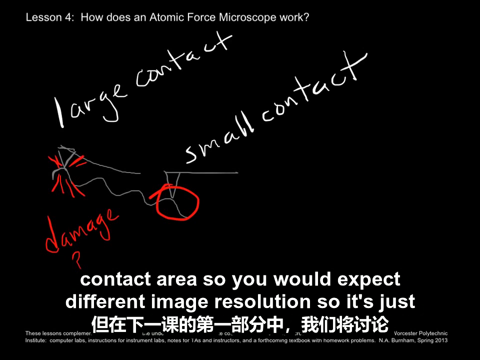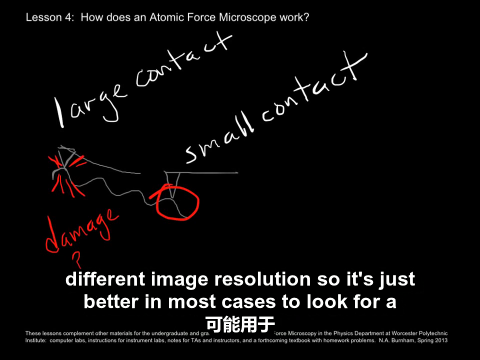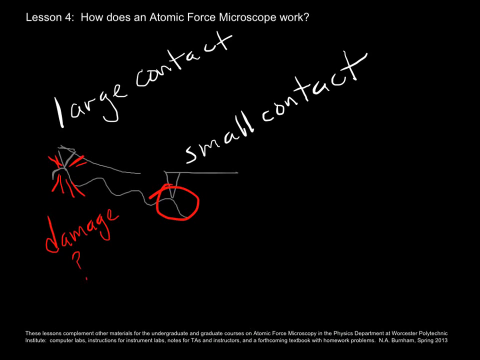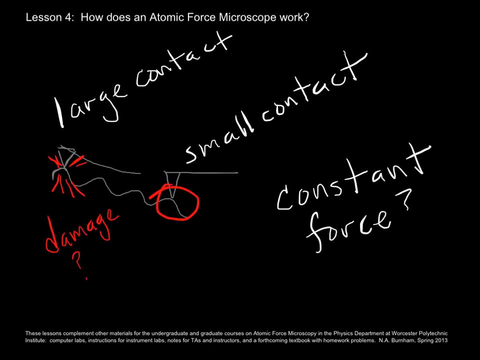So it's just better in most cases to look for a situation where you can keep the force constant instead of the height of the scanner. So how do you do that? Well, I'm going to do a quick sketch on the next slide and be back to you in a moment after I get that ready for you.